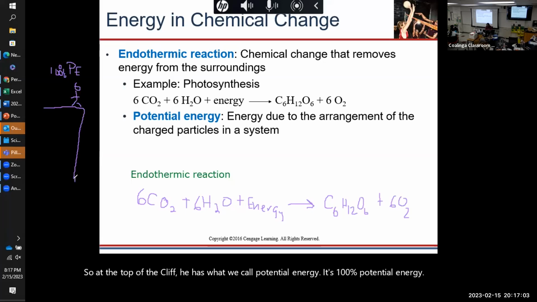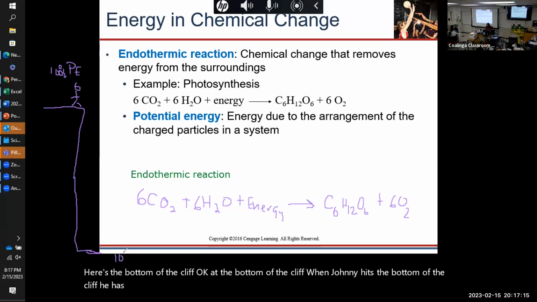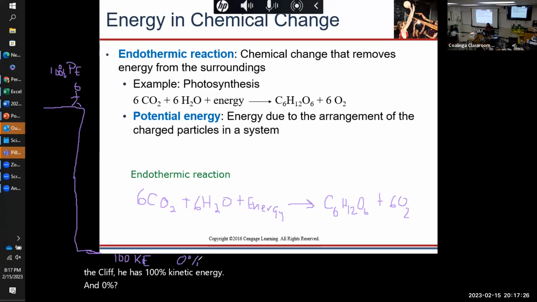And then here's the bottom of the cliff. At the bottom of the cliff, when Johnny hits the bottom, he has 100% kinetic energy and 0% potential energy.